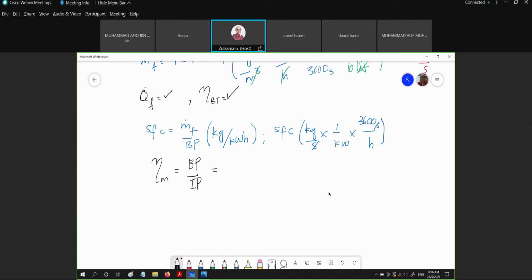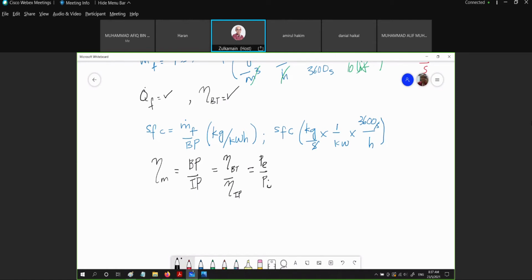Efficiency BT over IT. Efficiency bagi brake thermal divided by efficiency for the indicated power. Apa lagi? Ada lagi ni. What else? PE over PI. Yes, PE over PI. So you kena tahulah formula-formula ni.